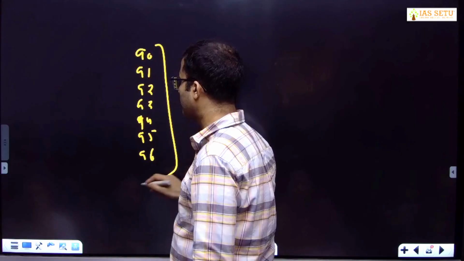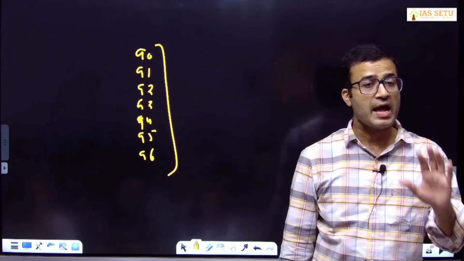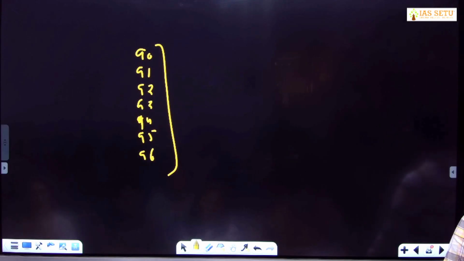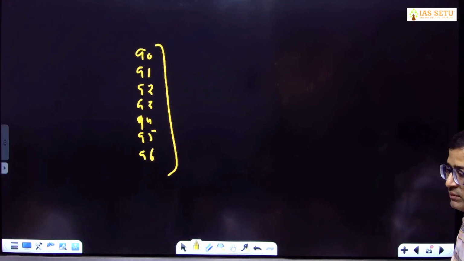If you check, all these are composite, there is no prime number, and this is the only 7 consecutive 2-digit number. इसके अलावा कोई और है भी नहीं. 7 लगातार. तो it might ask, 90 to 96 are the 7 consecutive 2-digit number which are composite.